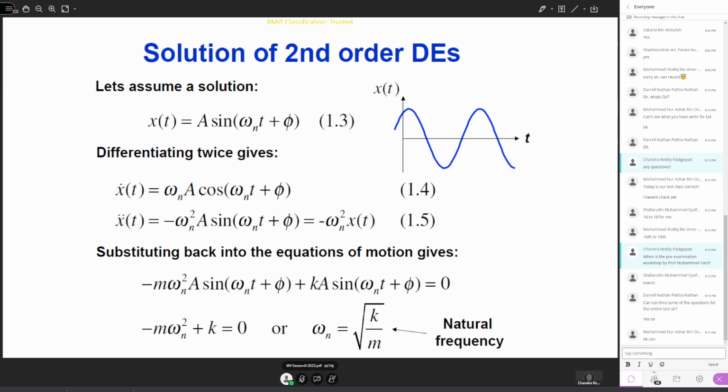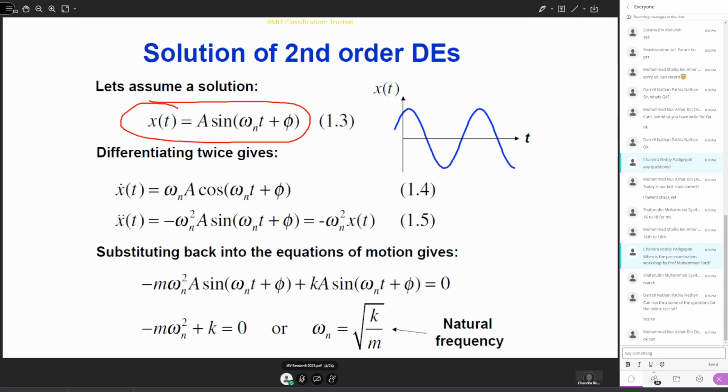So the solution of this second order differential equation, you can write as x(t) is equal to A sine(omega n t plus phi). So this is the standard form. It's a harmonic function, so the displacement also varies as a harmonic function. So we include a sine or cosine function to indicate the solution.